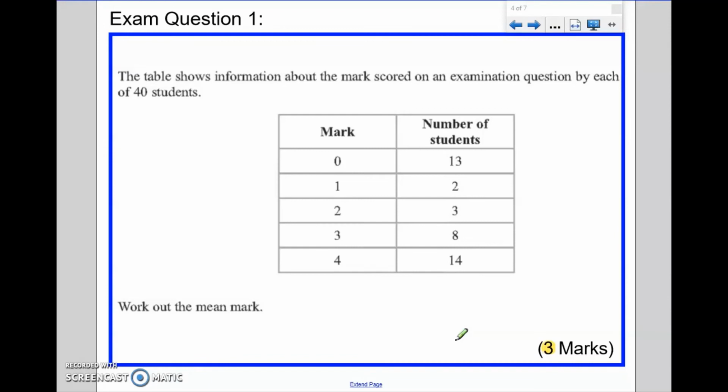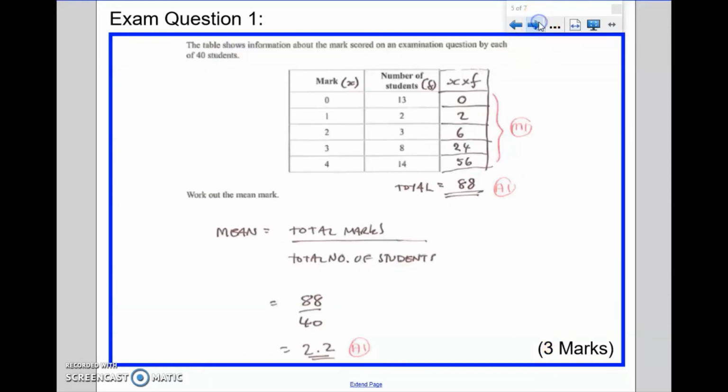Okay, welcome back. Let's have a little look at the worked solution. Here we go. So we're given information about marks scored by 40 students. So 13 students actually scored 0. 14 students actually scored 4. We create a third column. You may have called it mark times number of students.